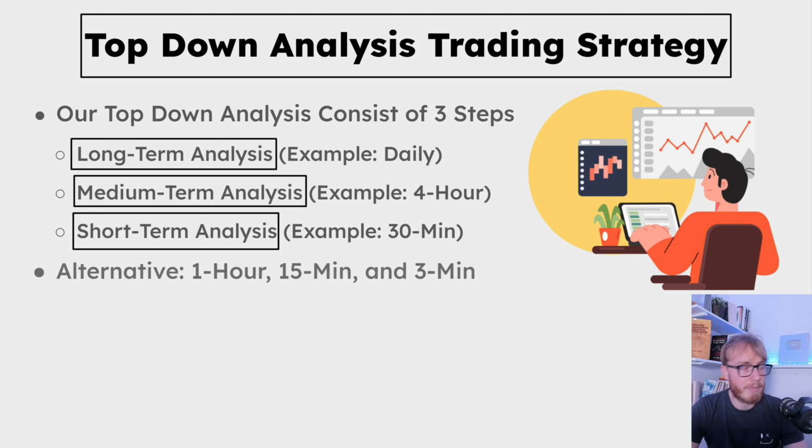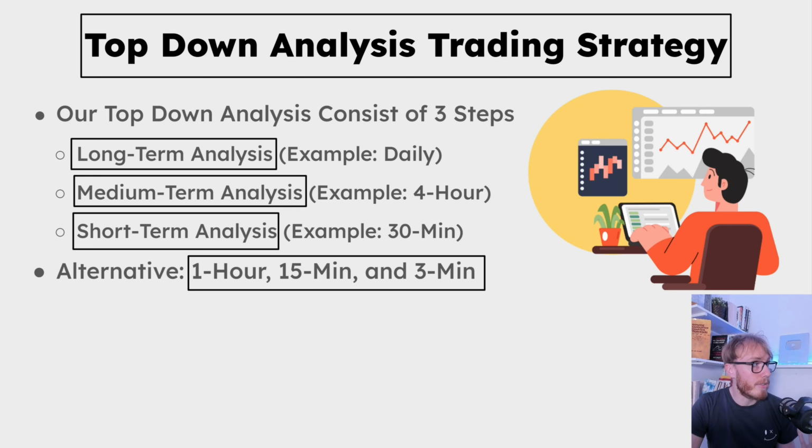But once again, before we do that, I just want to repeat that we can use alternative time frames. For example, if you are more of a shorter-term trader, let's say a day trader, or you might even consider yourself a scalper, then another time frame combination could be the 1 hour, 15 minute and 3 minute time frames. And why does this work? Well, the ratios here are 4:1 and 5:1.